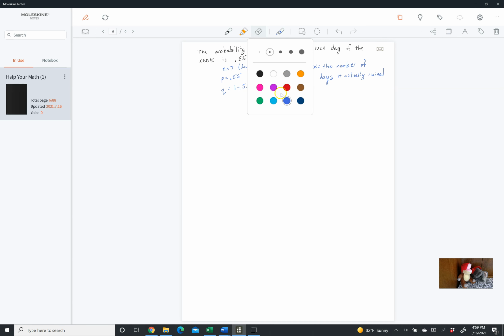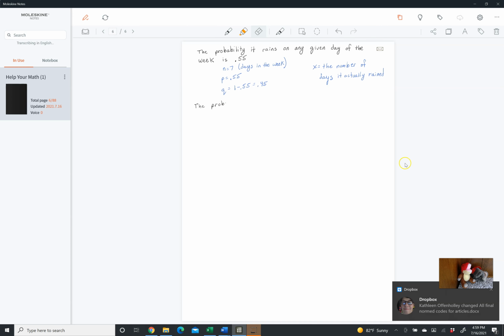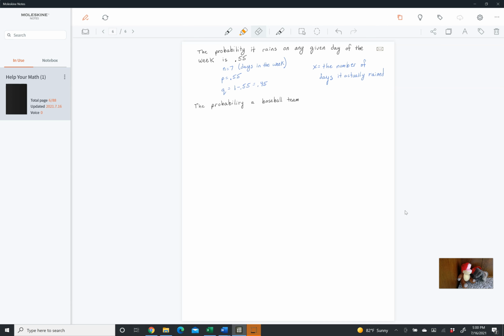Okay, another example, our last example, might be the probability a baseball team wins a game in a 5-game series is, let's say, they're not so great, so it's 0.23.